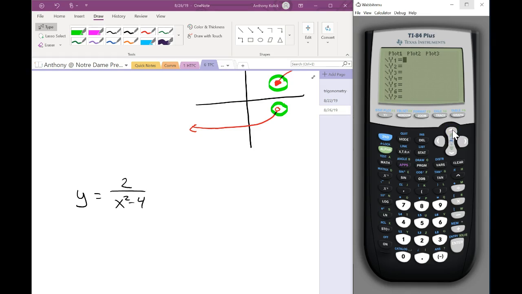To type this into my calculator, the easiest way is to press alpha, y equals, pick that first fraction option, and I'll have 2 over x squared minus 4. And then to graph this, I'm going to do zoom standard.